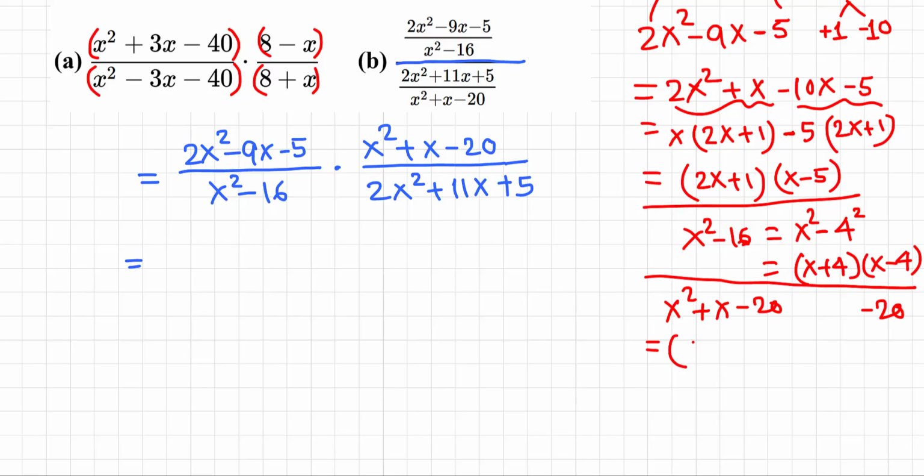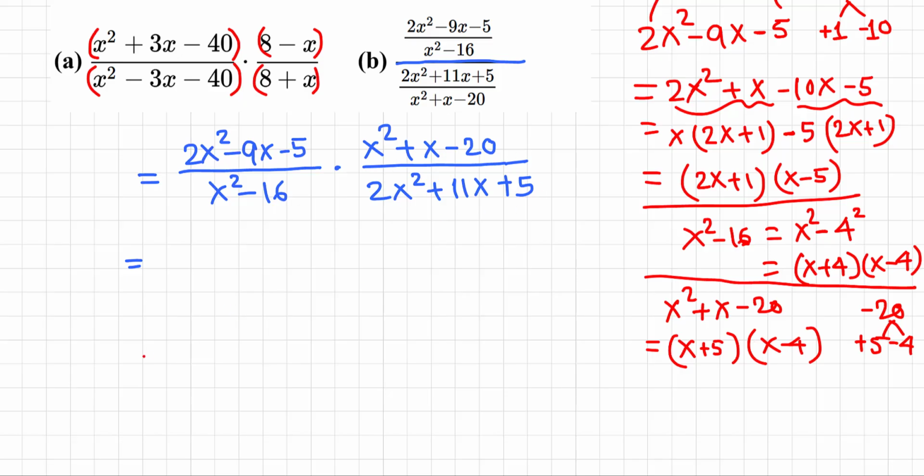Then this is x squared, means x times something, x times something. Okay, 20 is 5 times 4, right? And plus 5 minus 4. Then plus 5 minus 4 is plus 1. So negative 20 is 5 and 4. So we can simply write x plus 5, x minus 4. So this one is also done.